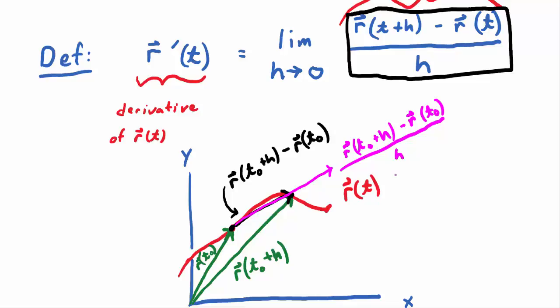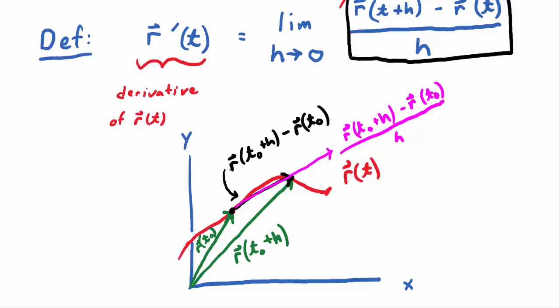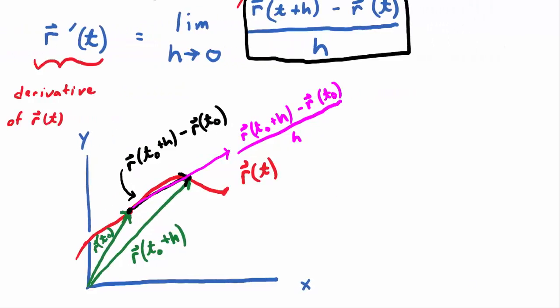Okay. Now, can you imagine? You have to use your imagination here. I don't have an animation for this right now. Can you imagine what would happen if we take h closer and closer to 0? Then these vectors in green would get closer and closer together, wouldn't they? And eventually, as we take h to 0, let me try to redraw the graph in red here.